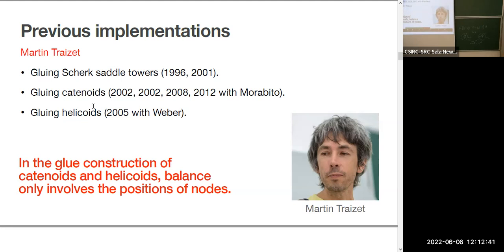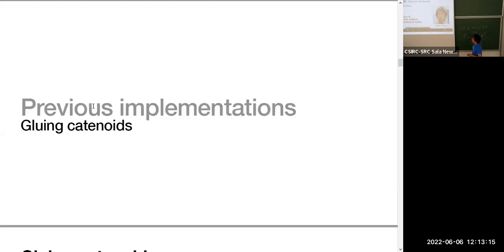And he had a single paper with Weber that glued helicoids into minimal surfaces. But I will only briefly introduce the gluing of catenoids and helicoids because these constructions are boring in the sense that, as I said, the conformal type depends on the positions of the punctures and also the T, the node opening parameter. But in the gluing of catenoids and helicoids, the T doesn't matter. So it is considered boring by me.